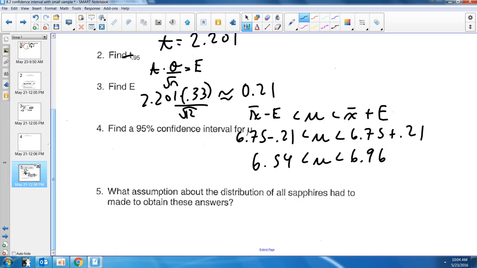The other times it said the population is normal. But when you're dealing with such a small sample size, you have to make that assumption. So the assumption is the population is approximately normal.